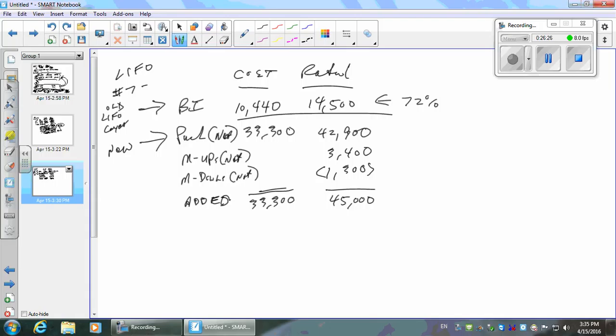Okay, 45. Now calculate cost to retail. 74%. Looks like our gross profit percentage went down from 28 to 26, didn't it? And our costs are going up and not recovering.